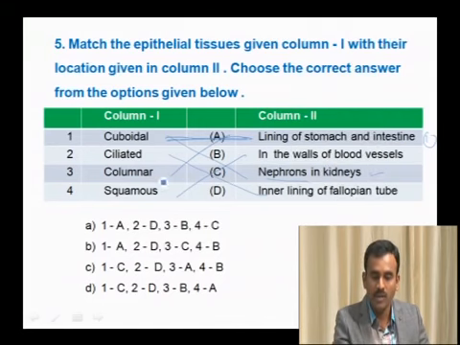Columnar epithelial cells, lining of stomach and intestine, and squamous epithelial cells in the inner wall of the blood vessels. So the answer is option C.